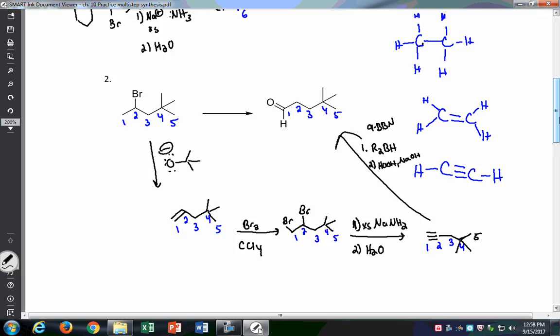The other synthesis that you could do, utilizing this, would involve you, once you get here, because you need the triple bond, you can, let's say, add a methyl, CH3, adding a new carbon.